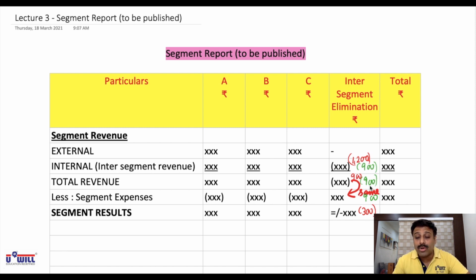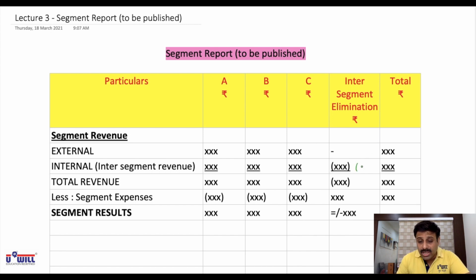And if it is 900 only, then it will be nil. See, once again understand both the situations. Two things are possible. One is that Ahmedabad sends to Baroda at cost price. The price of that shirt is 900, and they send it to Baroda at 900 because it is an internal transaction only.